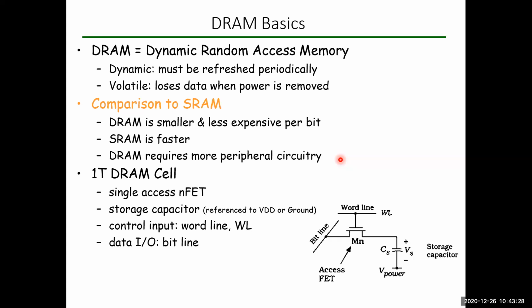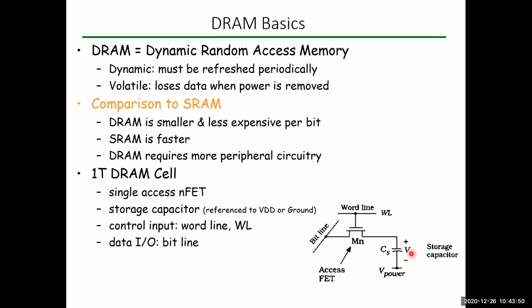In this particular DRAM, if I consider the 1T DRAM, you can see that you will have one bit line over here, and this is the word line WL. You will have only one transistor, an N transistor, which acts as an access transistor. To this N transistor, one terminal is connected to the capacitor.